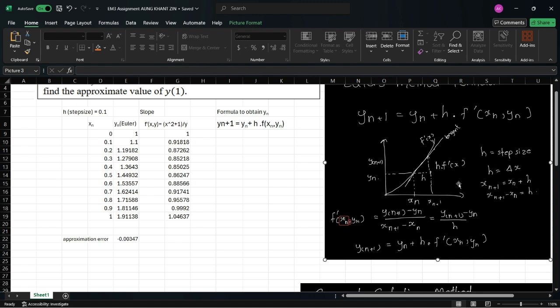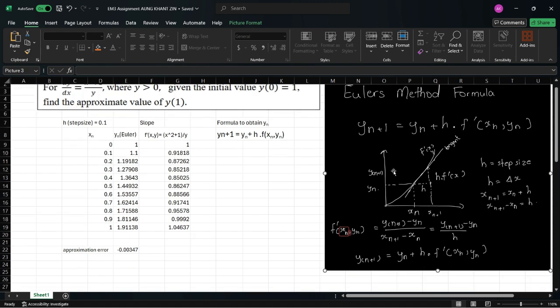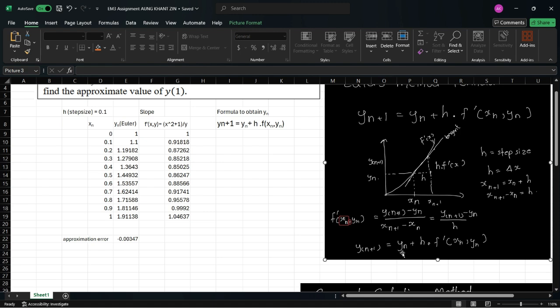If we want the value of h, we subtract x_n from x_{n+1}, and we substitute in the denominator so that we can obtain the equation y_{n+1} equals y_n plus h multiplied by f'(x_n, y_n).